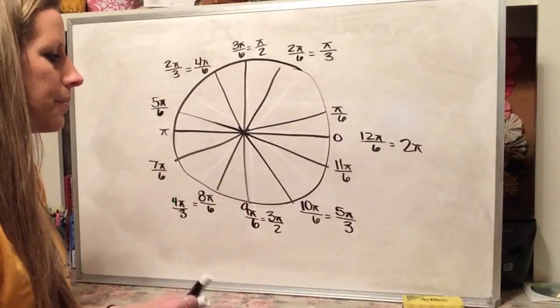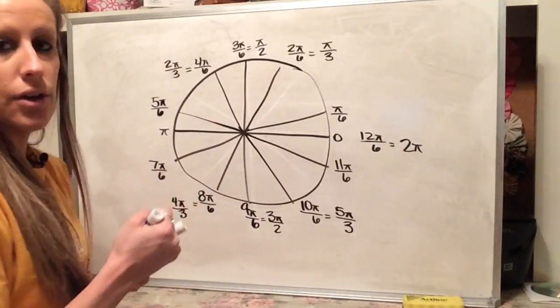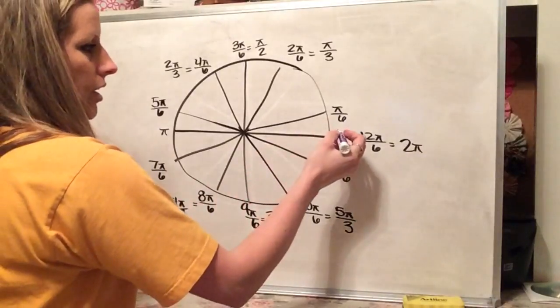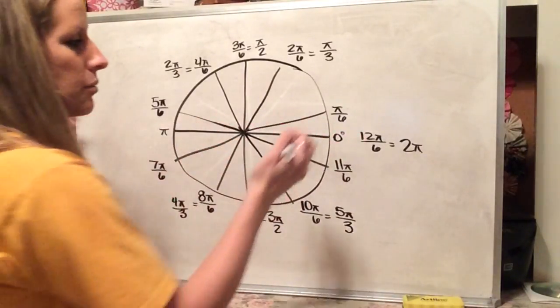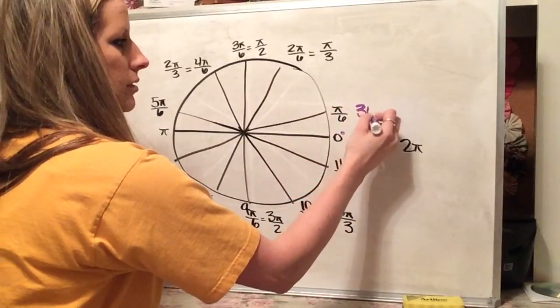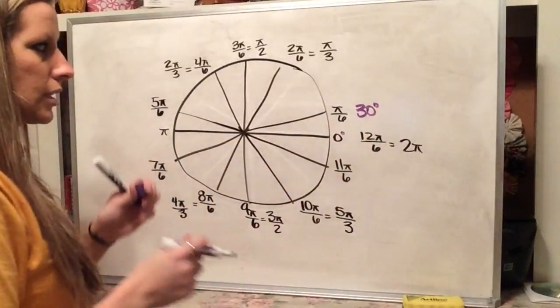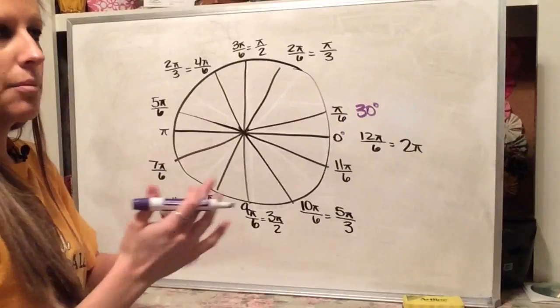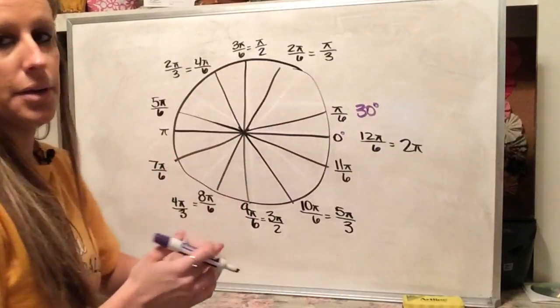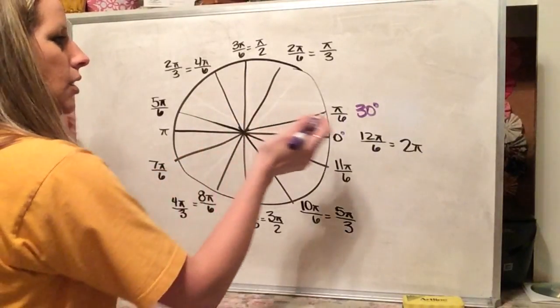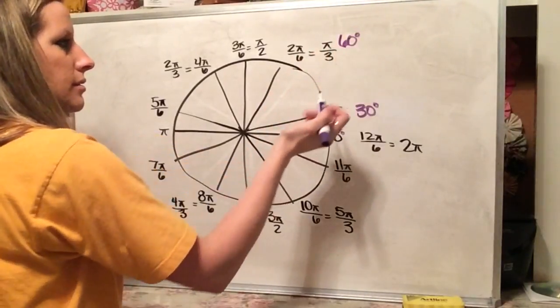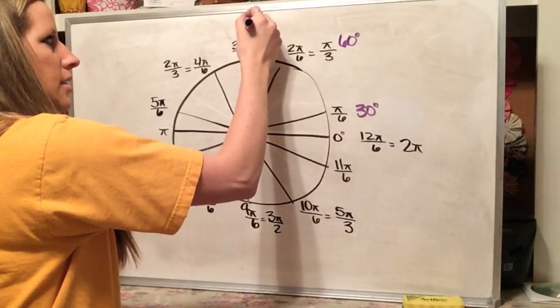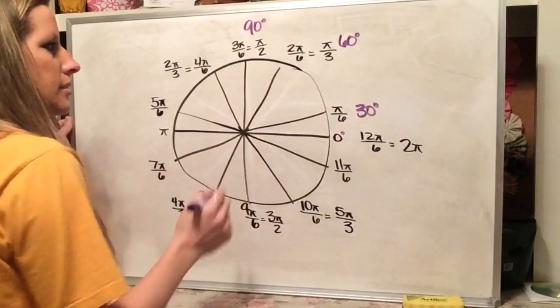Okay. Now degree measurements, let's go ahead and do that. I'm going to start off with 0 degrees. This next mark is going to be 30 degrees. Okay, I'm splitting it up into 30-degree measurements. So if I add 30 more, it's going to be 60 degrees. Add 30 is 90 degrees.